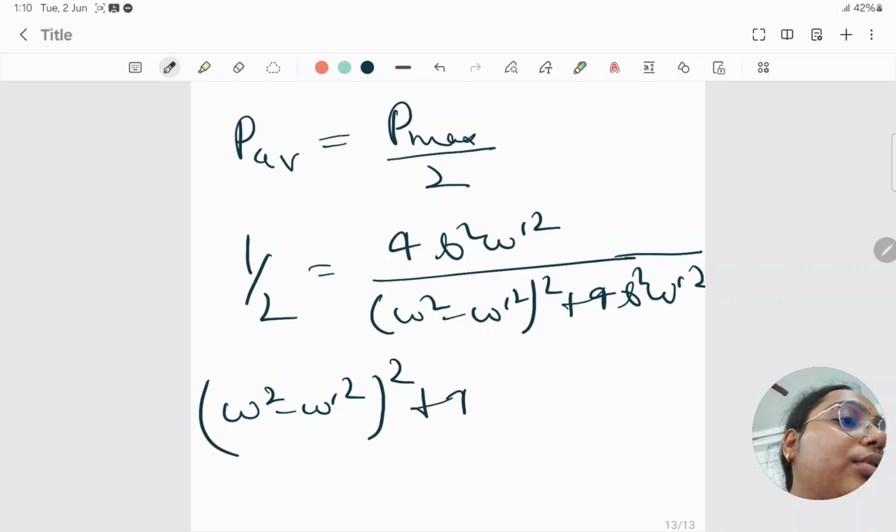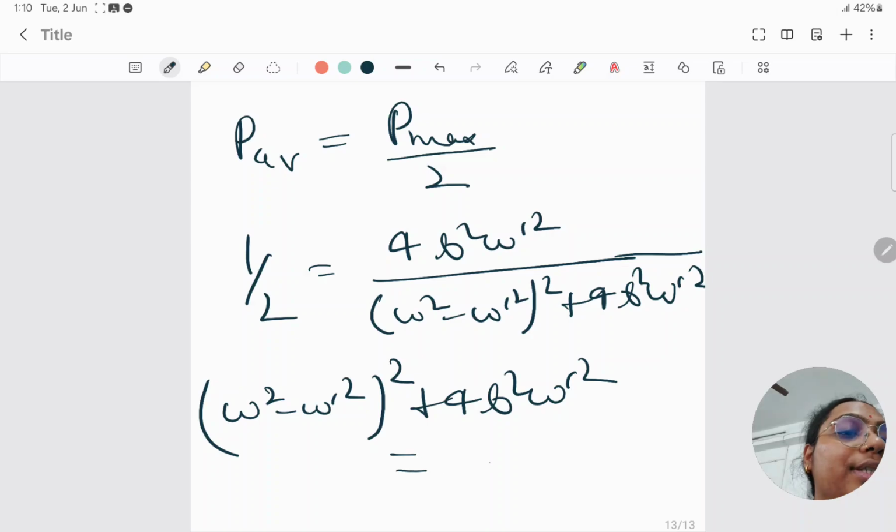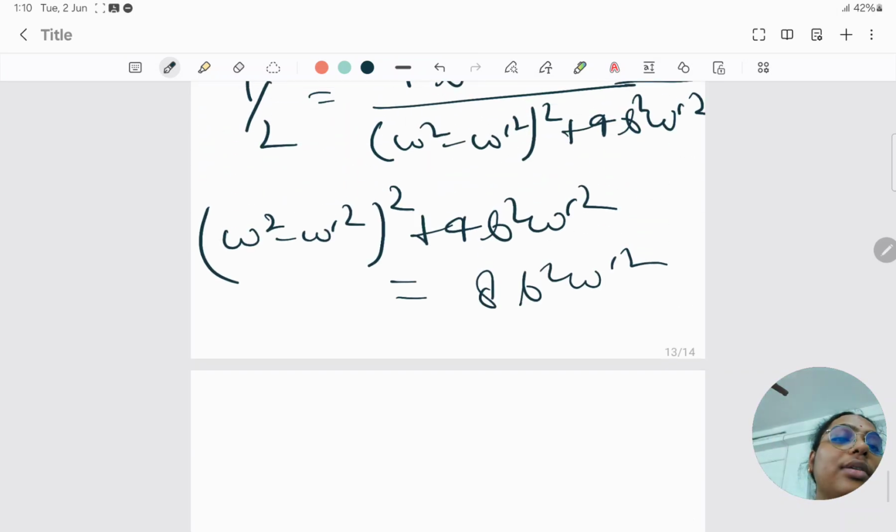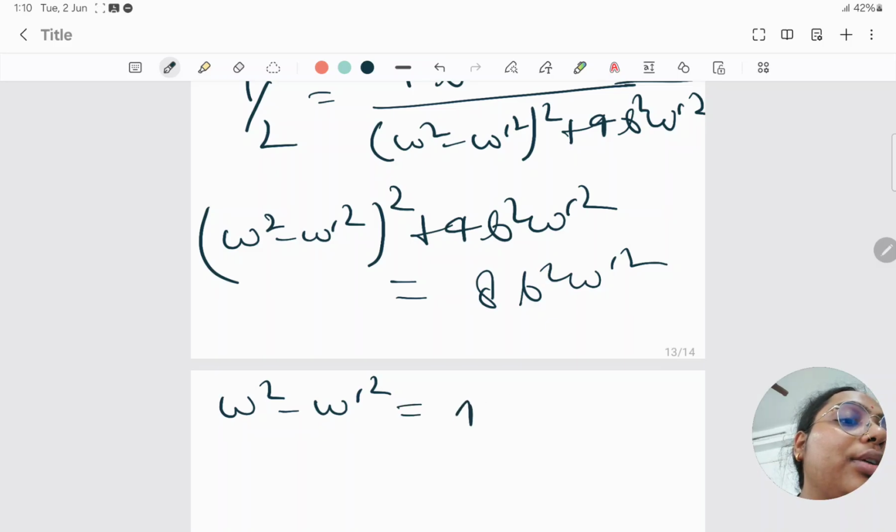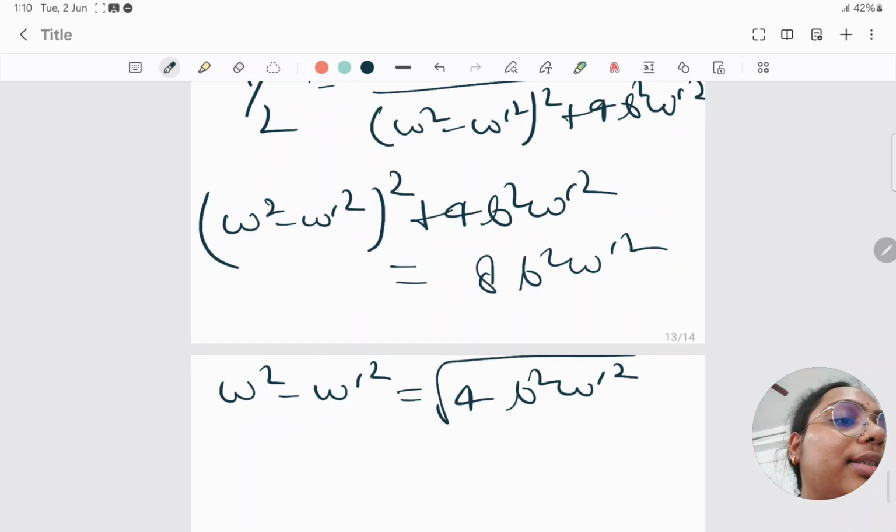I am doing this derivation, you have to also do it in your exam. If a question is asked, these kinds of derivations are important to understand, because without understanding this you can't understand the physics. Mathematics complements the physics, so you should understand everything.